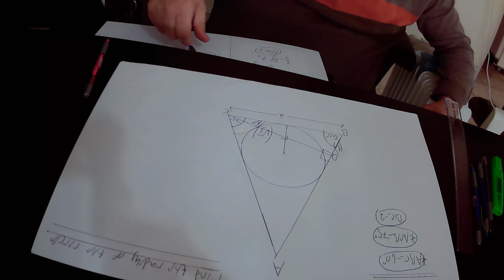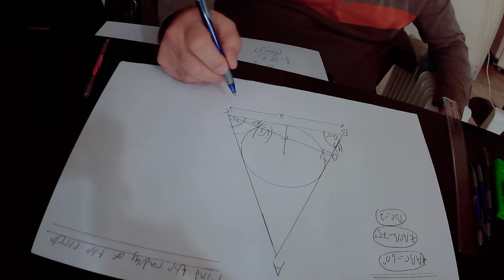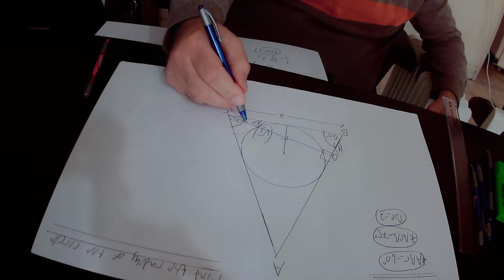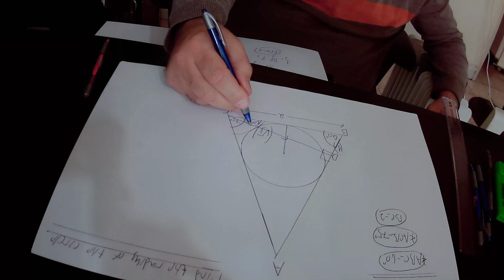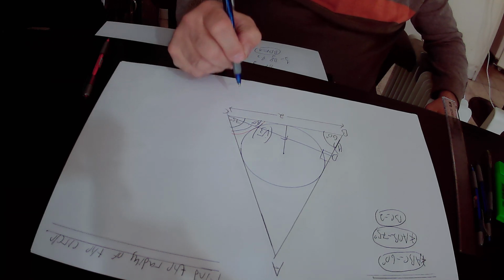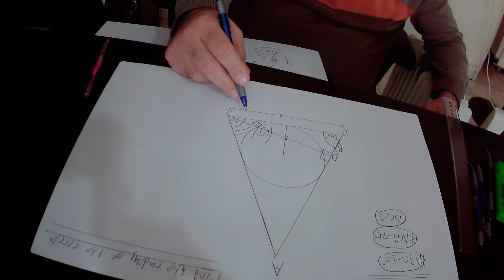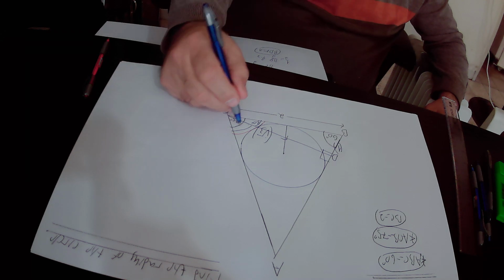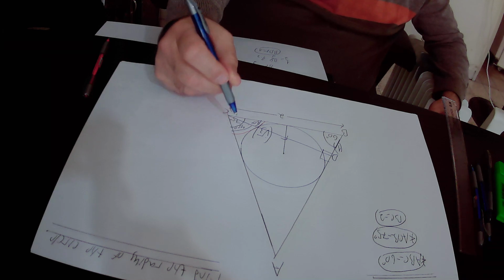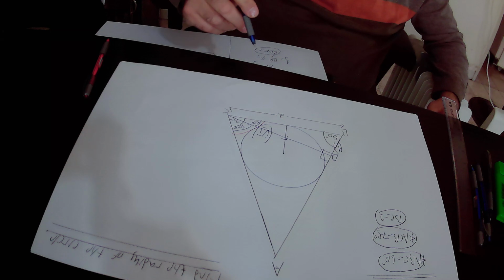Therefore, the missing angle here must be equal to the big angle minus the small angle. The big angle is 75 degrees minus the small angle that is 30 degrees. It equals 45 degrees. So we can find out that the missing angle ACD equals 45 degrees in its size.